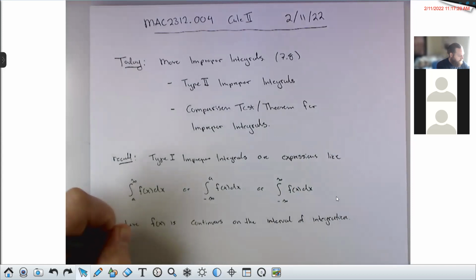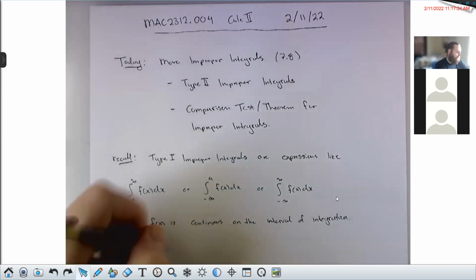The other thing I want to remind you of is the theorem we proved on p integrals.